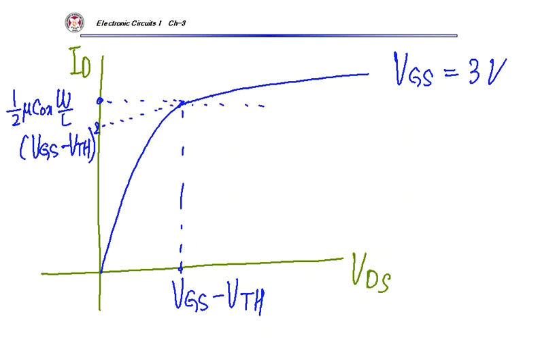If you have something like that, this is the extrapolation of this saturation region characteristic at VDS equals 0. You know the threshold voltage. If Cox and W over L are given, you can calculate the mobility. This is the slope.